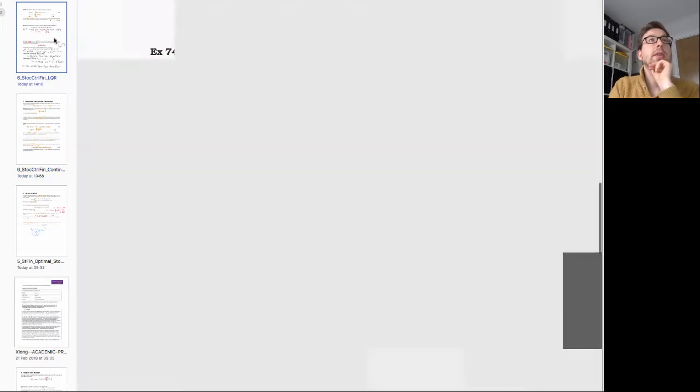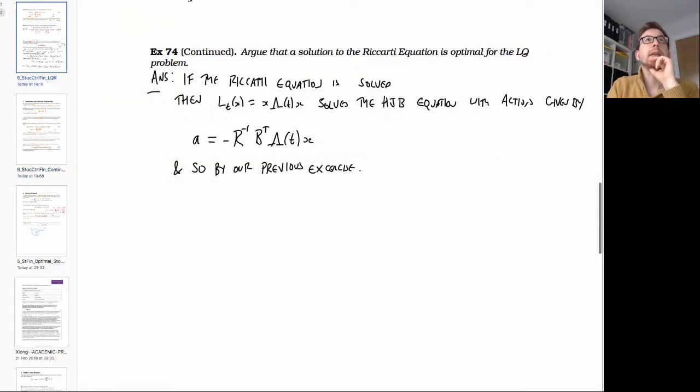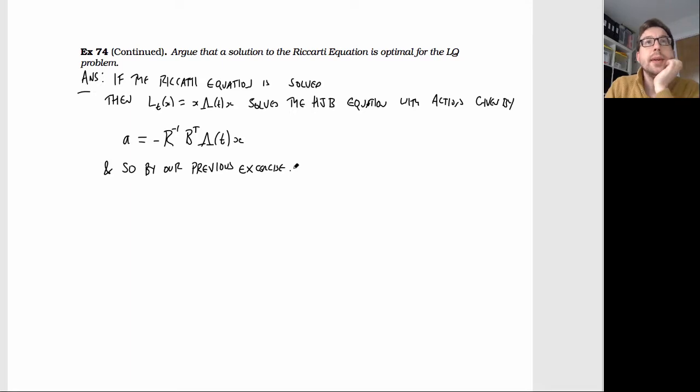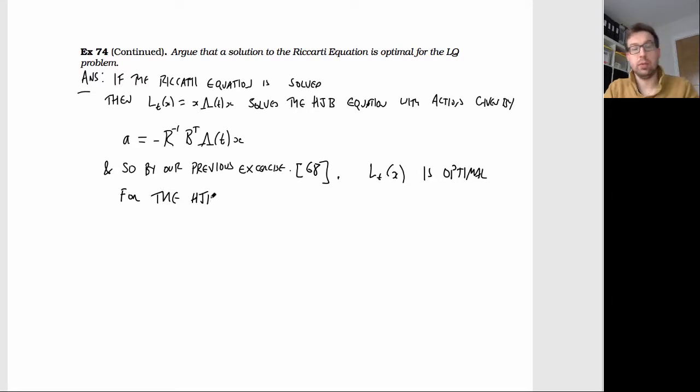Okay, so by exercise 68, L of t of x is optimal for the HJB equation.